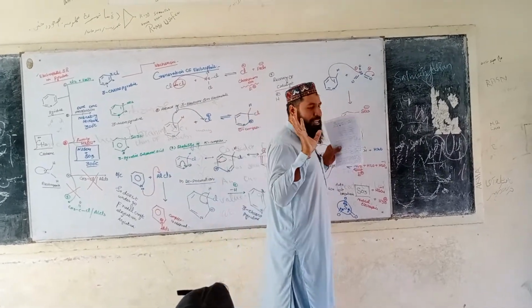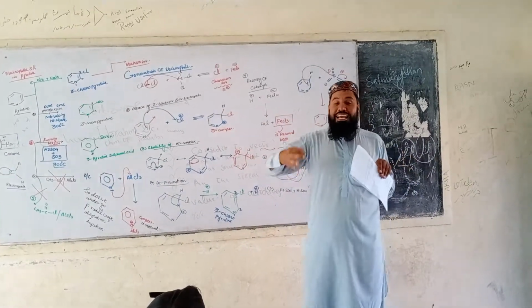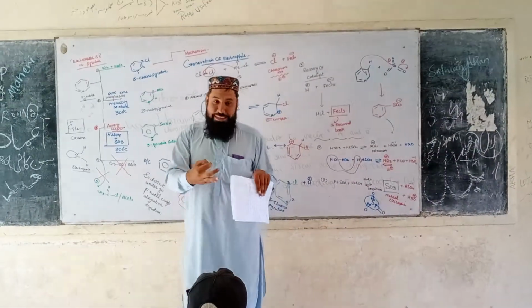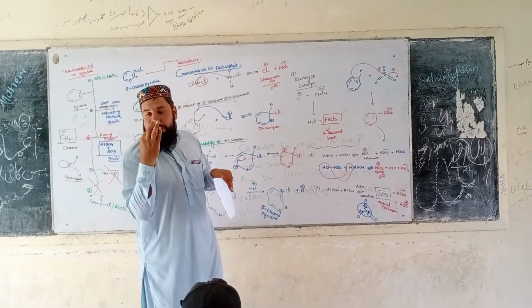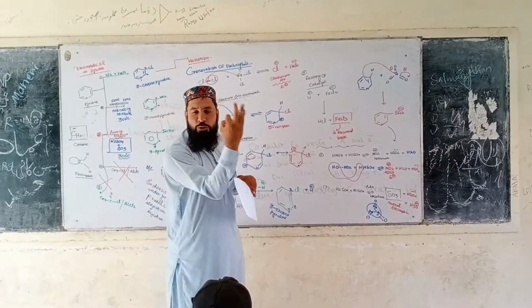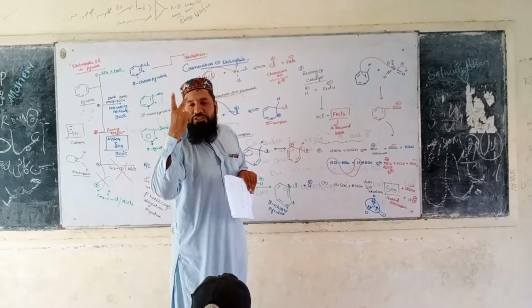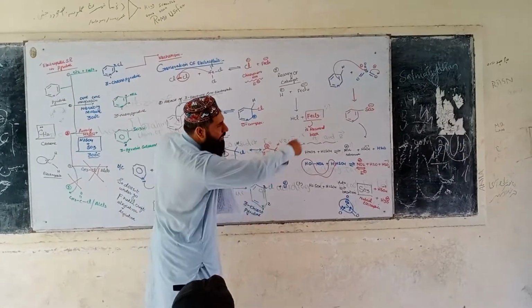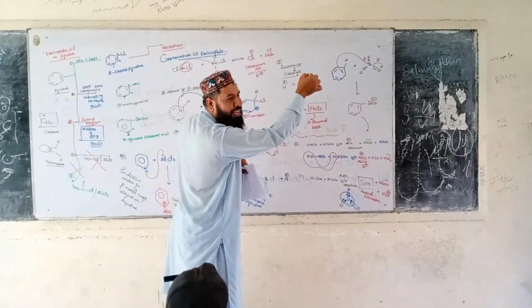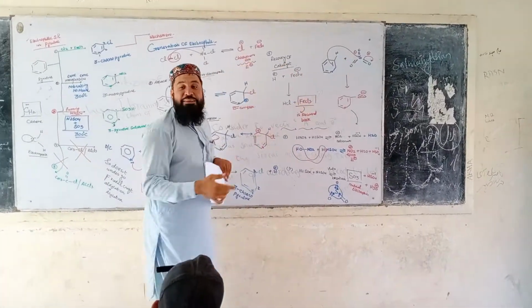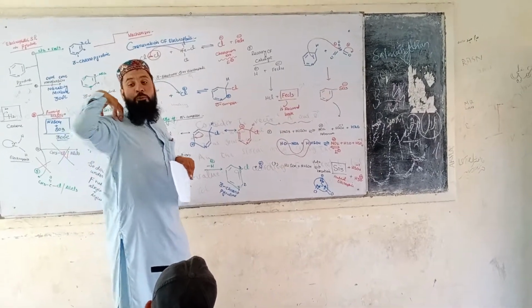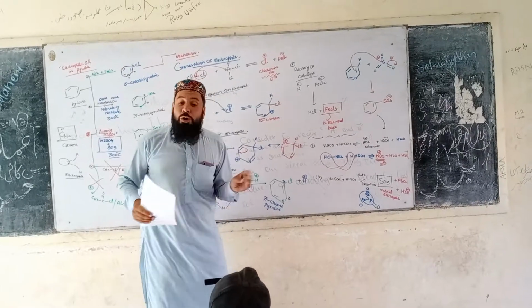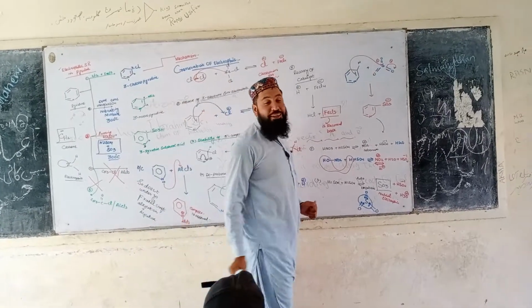These two things are very important while analyzing and explaining that UV visible spectra: at which wavelength we got that peak, and what is the height of that peak.